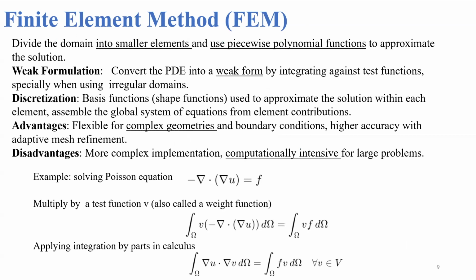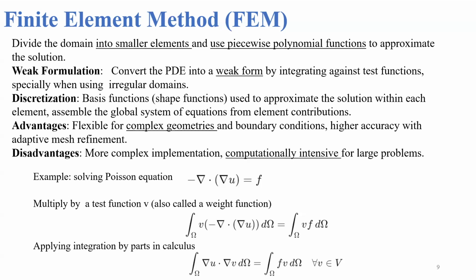So this test function becomes extremely important, and especially when we are using irregular domains, the finite element method could be quite useful. In discretization with basis functions, we approximate the solution within each element, especially for complex geometry, and assemble the global system of equations from the elemental contributions.